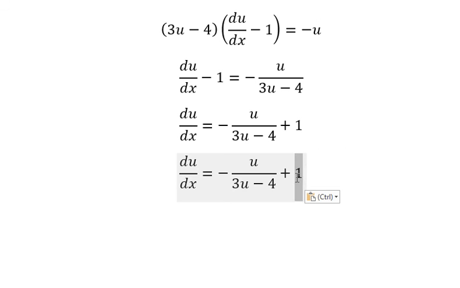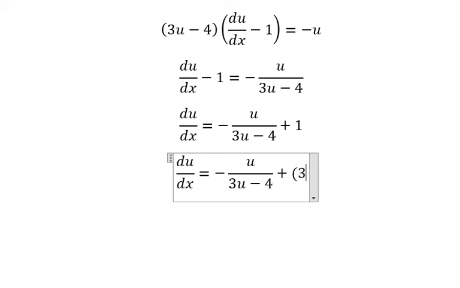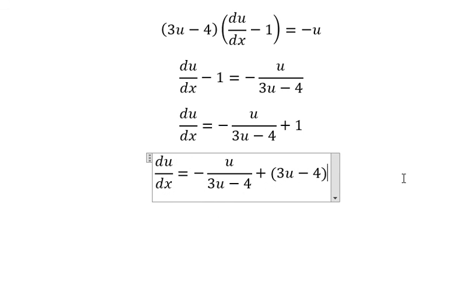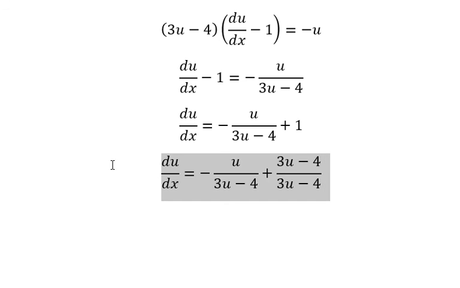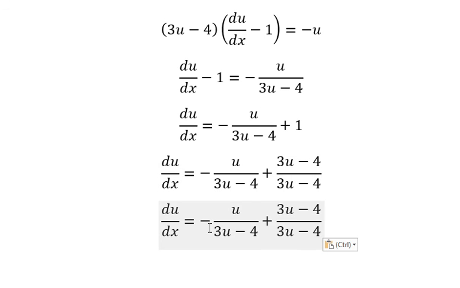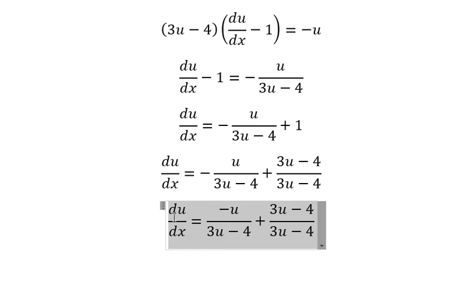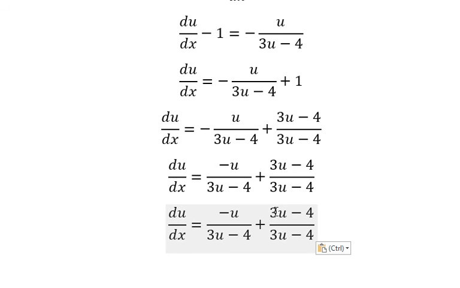Next, about number 1, we can do a common denominator. So we have 3u minus 4 over 3u minus 4. So negative we put in here. 3u minus u, you get 2u.